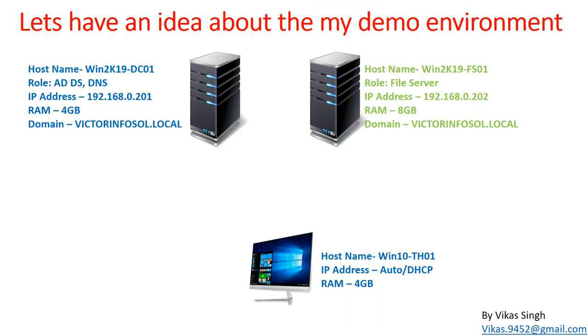So let's get in. In this demo environment I am using 3 virtual machines. The first server is my Active Directory server, which is Win2K19 DC01. I have the Active Directory and DNS roles installed on this machine. You can see my domain name is victorinfosol.local, and the IP address of my domain controller is 192.168.0.201.